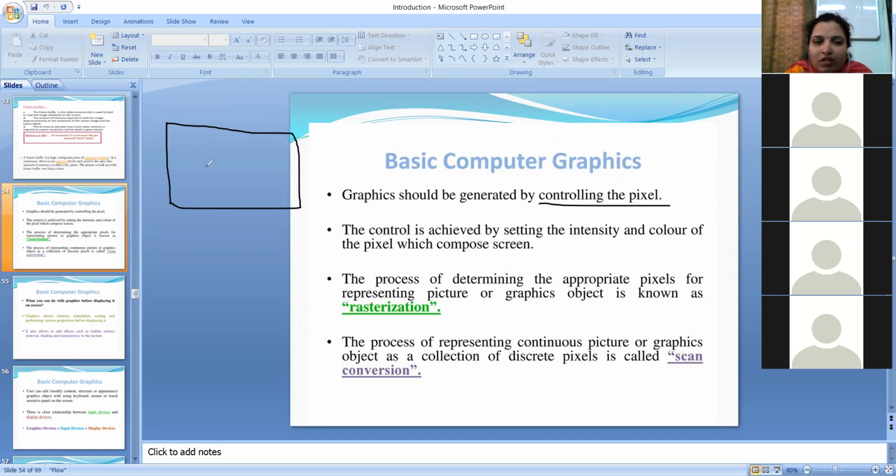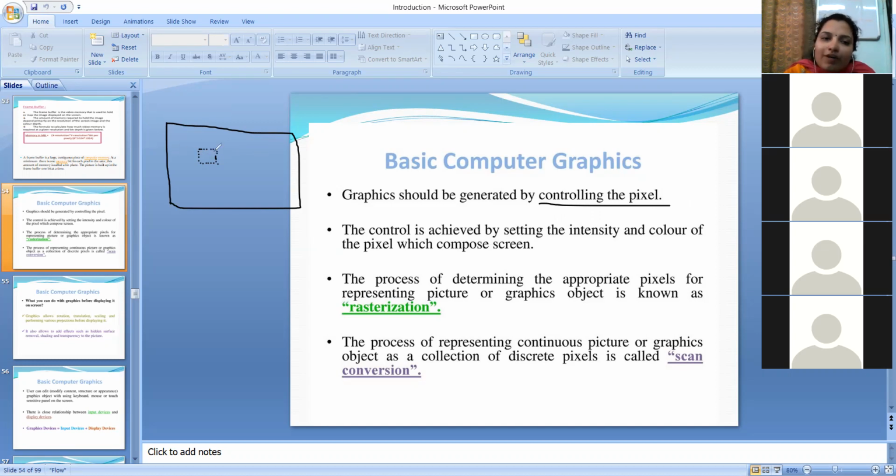Suppose I want to draw a square. So I am going to change the property of this pixel, which was earlier of background color, and now I am going to provide some picture color to it. In such a way, I am going to draw a square on the output screen by controlling the pixels, changing the color of them. And finally, I will get the output like this, a small square on the screen.